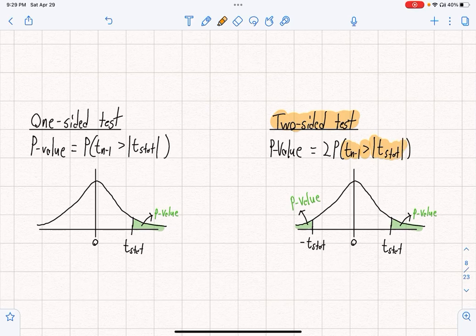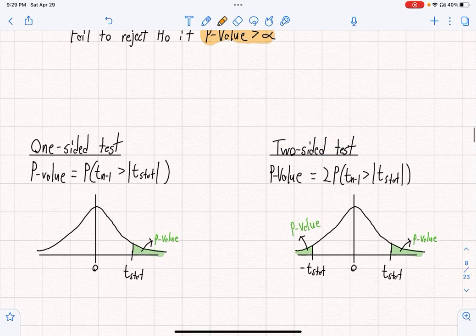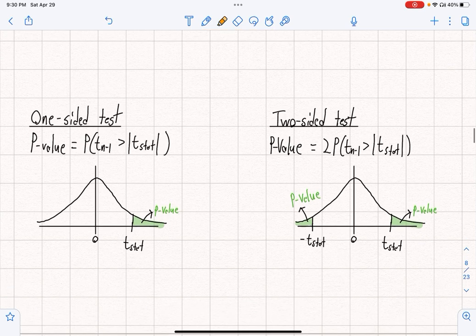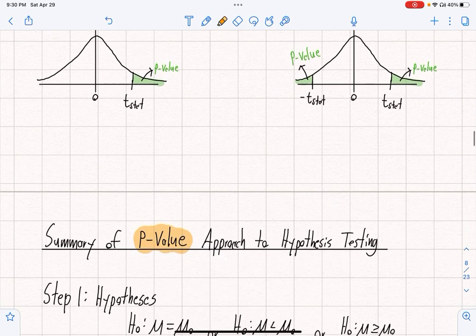In a two-sided test, we're interested in both positive and negative values, which is why we're multiplying by 2, because there are now 2 green areas. We could have a p-value over here, or we could have a p-value over here. And so we're just going to add those two together for the two-sided test. So this is an alternative to the critical value approach.